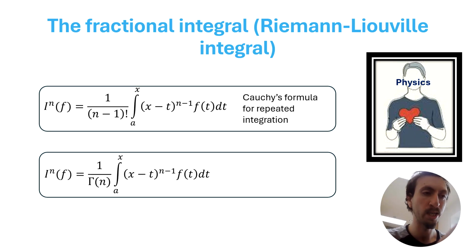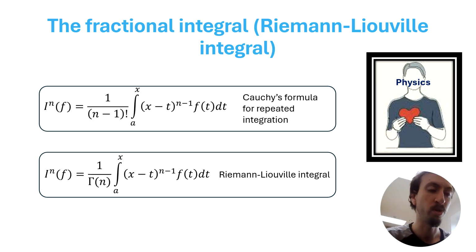It's important not to get the n's confused. And this is our Riemann-Liouville integral, which I think looks pretty neat. And you can use this immediately to calculate half integrals.